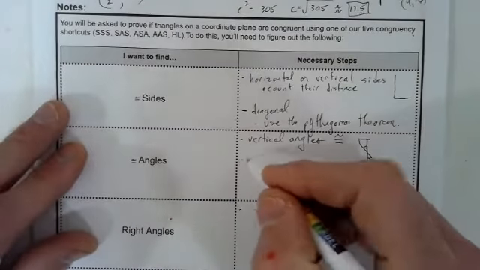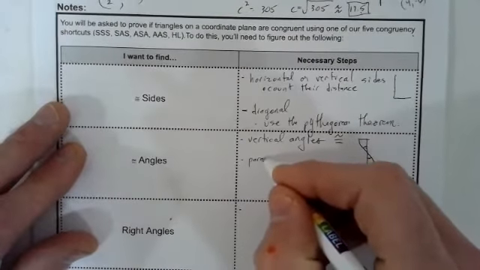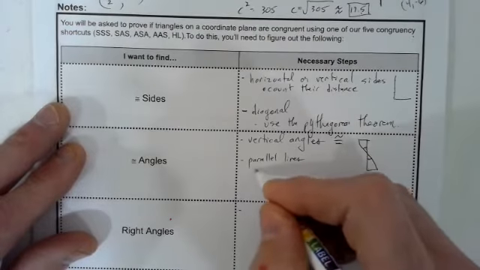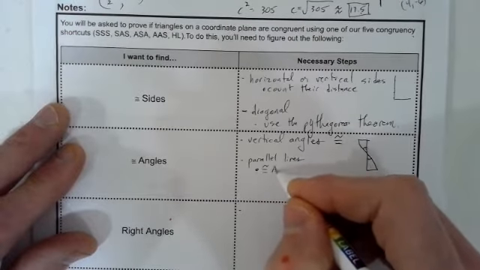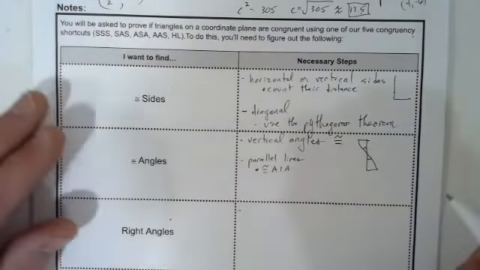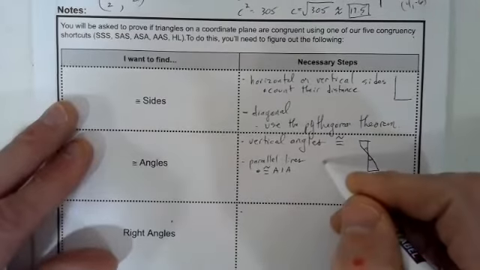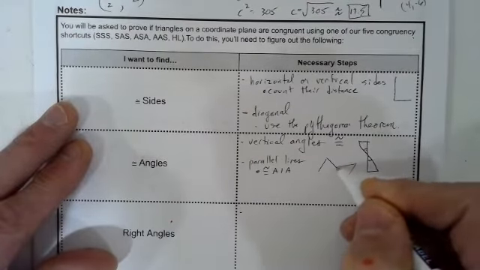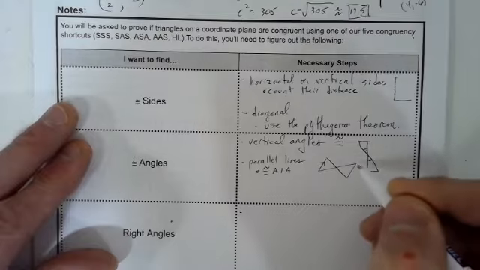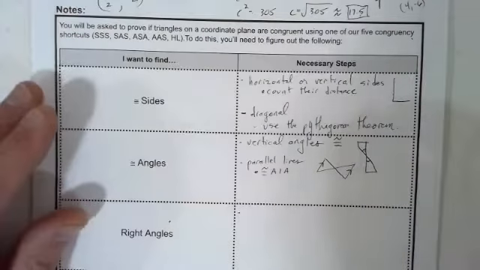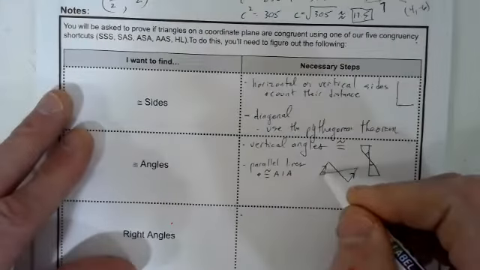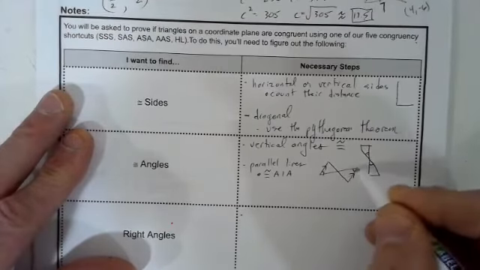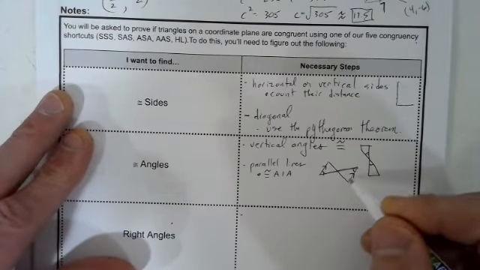Now, the other way to think about it is if we have parallel lines. Parallel lines make congruent alternate interior angles. So if we have another set of triangles that looks like this, and we know that these two lines here are parallel, well, we know the alternate interior angles are going to be congruent. They're on either side of the transversal. This one would be the transversal here.